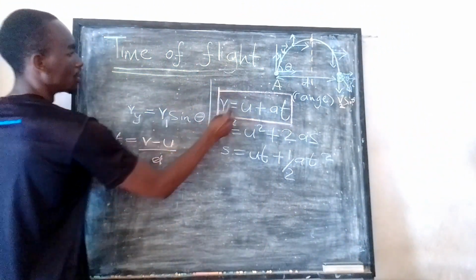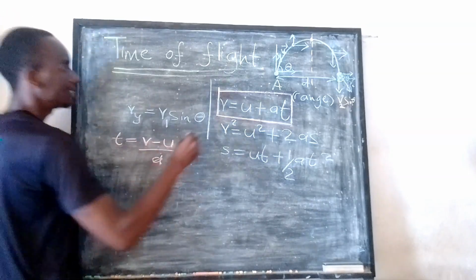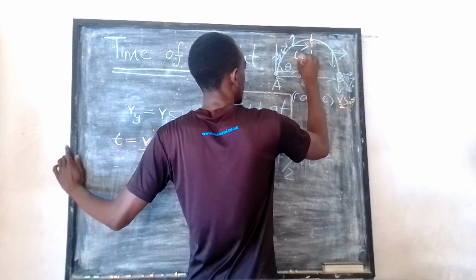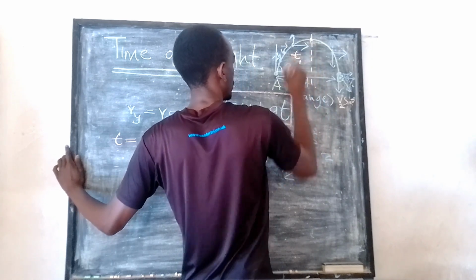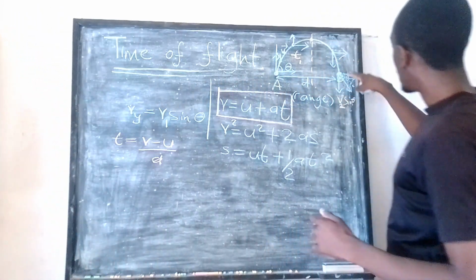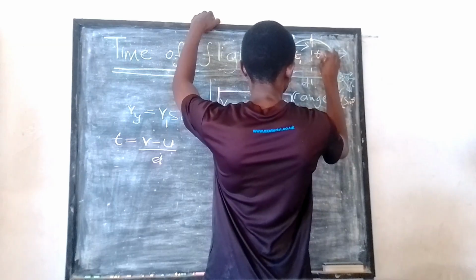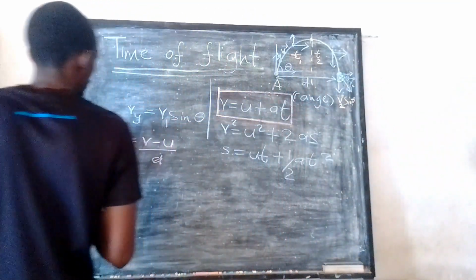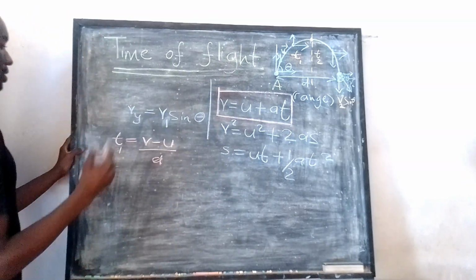And since we're dealing with the vertical motion, let's say moving from point A to this point takes t1 seconds. And then moving from this point up to point B takes t2 seconds. So how do we get t1?